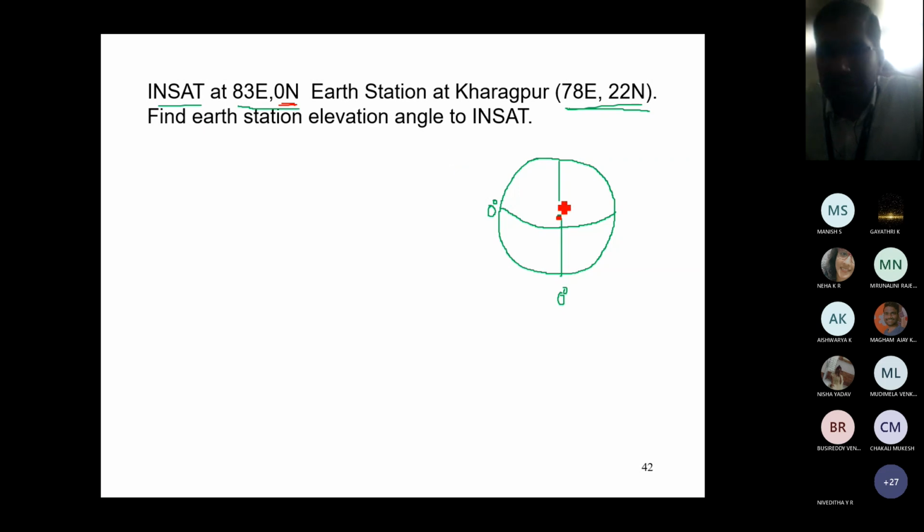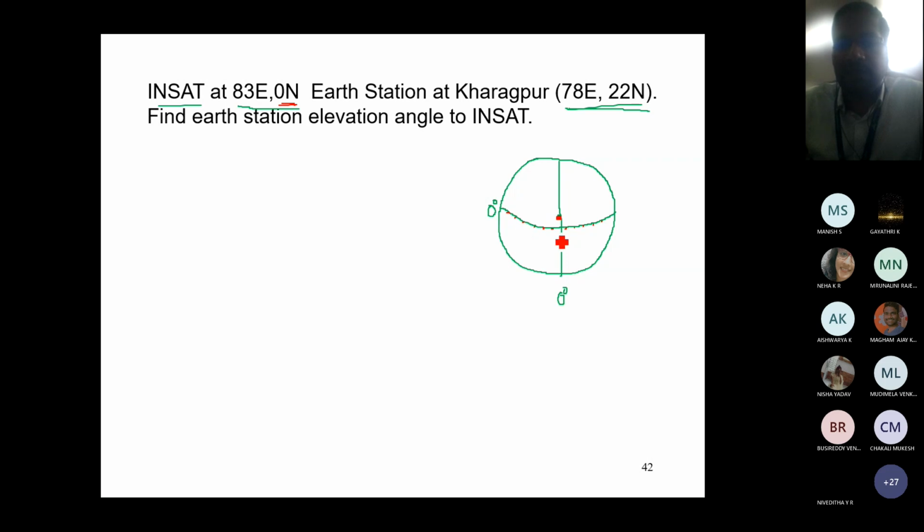Somewhere in the equator, it can pass at any point. Any point on the equator, the sub-satellite point can pass through. But now look at this. What is the longitude given? 83° east.